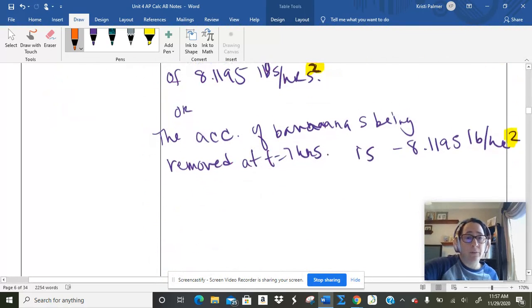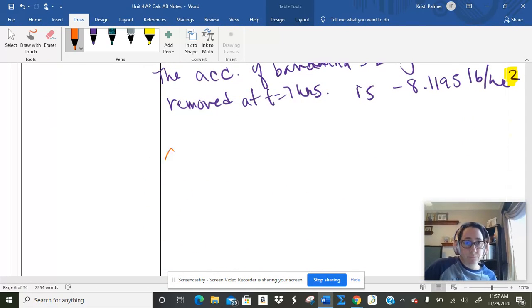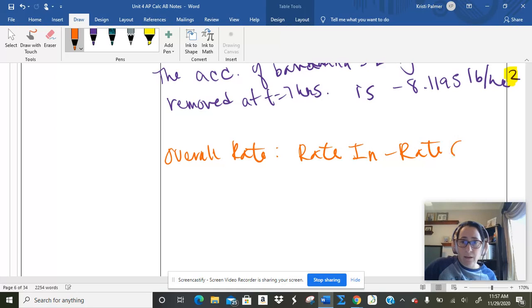So the overall rate is the rate in minus the rate out. We want to see that that's our overall rate of how the bananas are changing, because we got customers taking, and we got the employees adding. So what's the overall rate? It's the rate in minus the rate out.